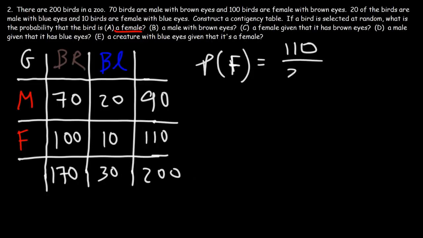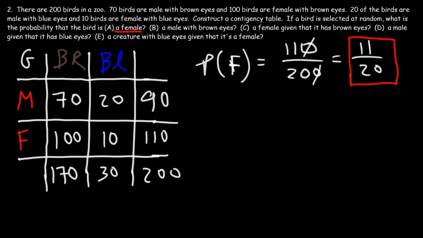So the probability is going to be 110 over 200. If we divide both numbers by 10 by getting rid of a 0, the probability is 11 over 20, which is 0.55 or a 55% chance of selecting a female bird.